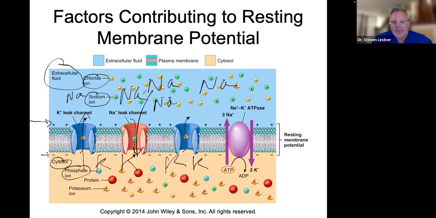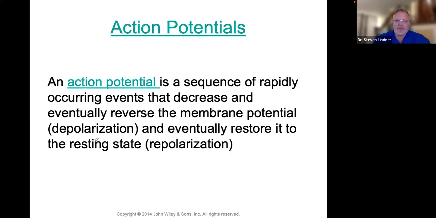But once that happens, we want to try and restore it back to balance. And in order to do that, that's where this sodium potassium pump kicks in, where it takes energy to pump out 3 sodiums and to pump in 2 potassiums. And that voltage difference creates more of a positive charge outside and negative in relationship to that. Okay.